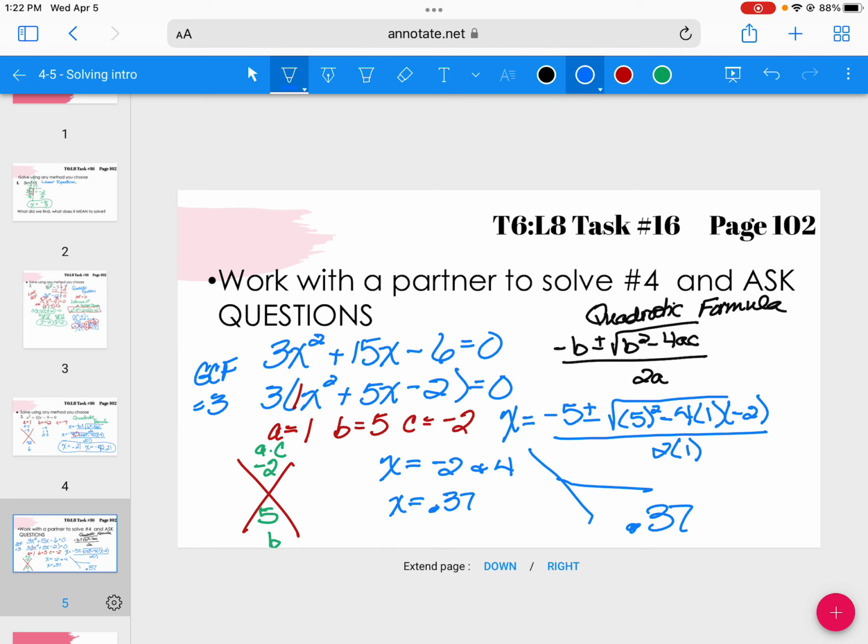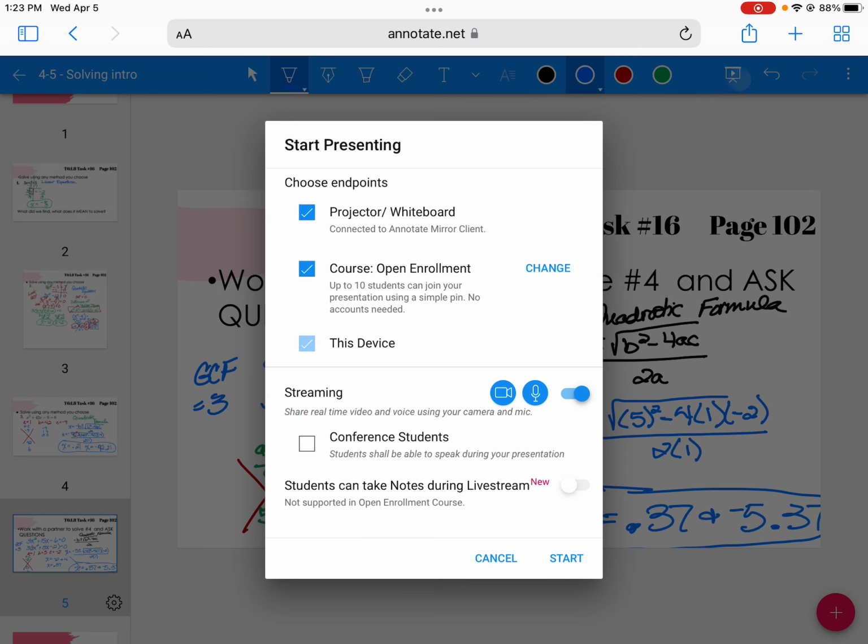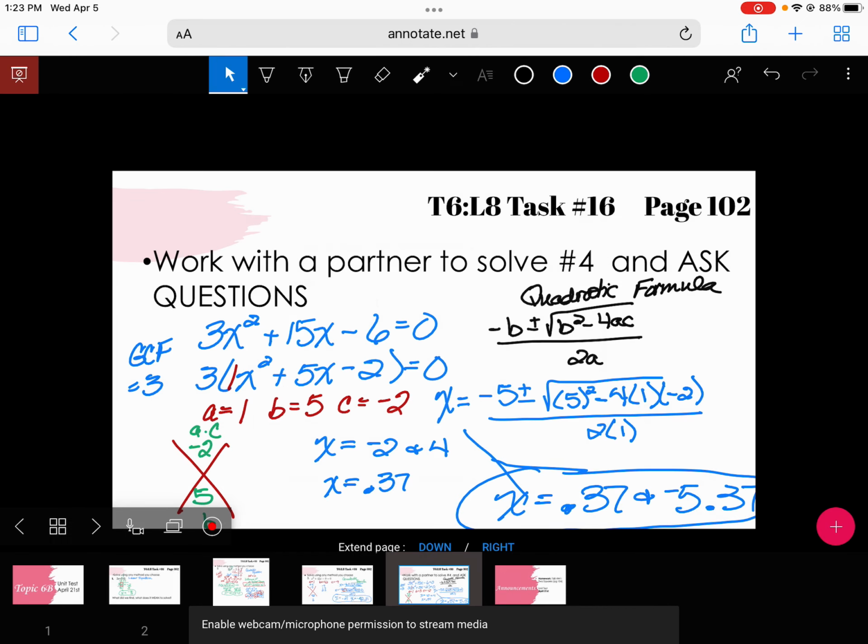If I hit enter. Okay. Divided by 2. Enter that. And the second value should be -5.37. So x equals 0.37 and -5.37. There are the two values.